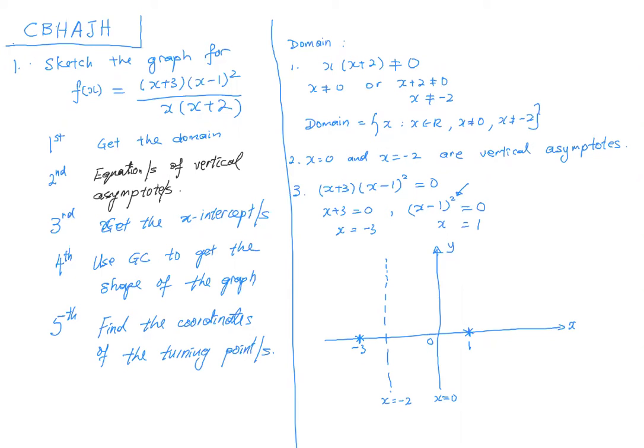You have to prepare all this first. Don't rush to the GC. Understand? Get ready. GC give you the shape, then you can straight away. Yeah, do you get the graph? Okay, the person who get the graph, can you send it to our WhatsApp group and show us how is the graph look like?